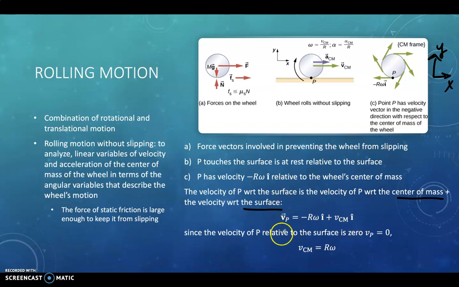And this velocity is the center of mass velocity. Now, since the velocity of P relative to the surface is 0, like we said up here in part B, that means that the velocity of the center of mass is equal to r omega.